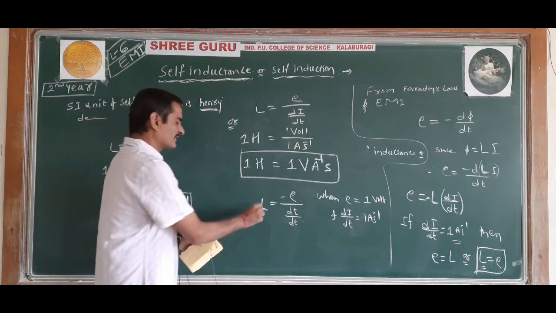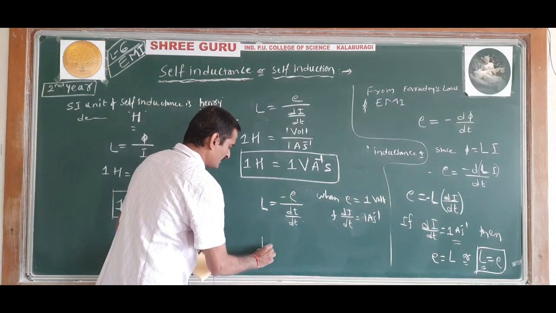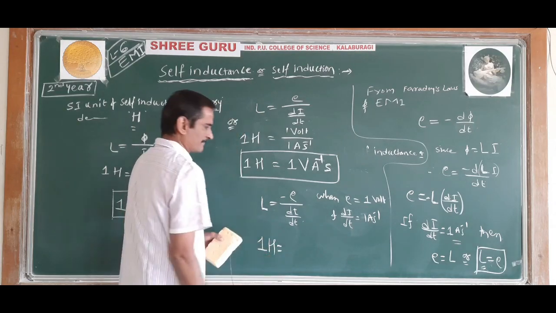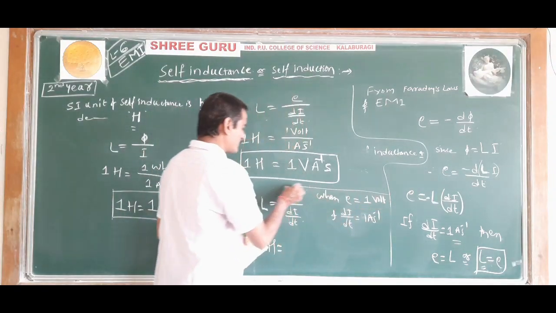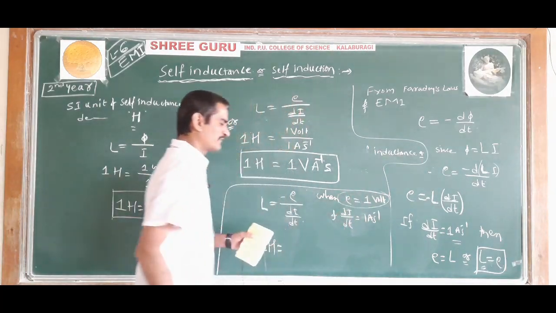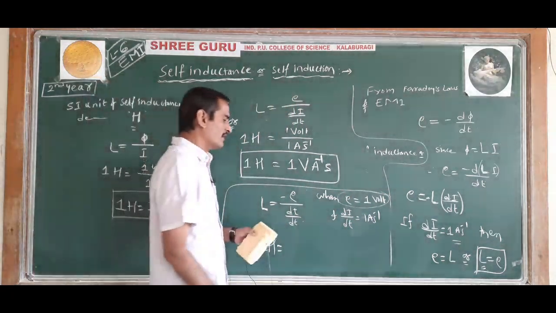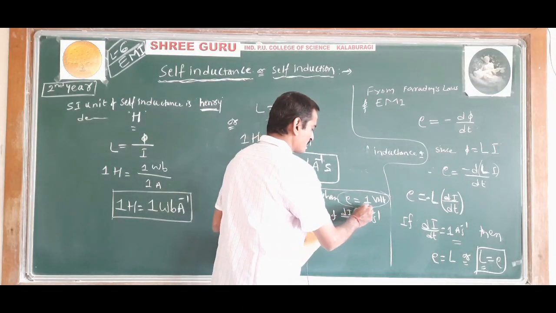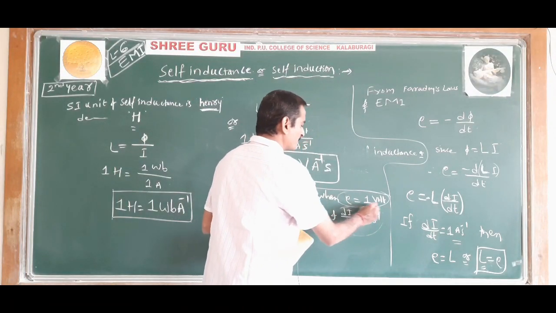Understood? So the self-inductance of a coil is said to be 1 Henry if 1 volt of EMF is induced in the coil due to the change of current at the rate of 1 ampere per second.